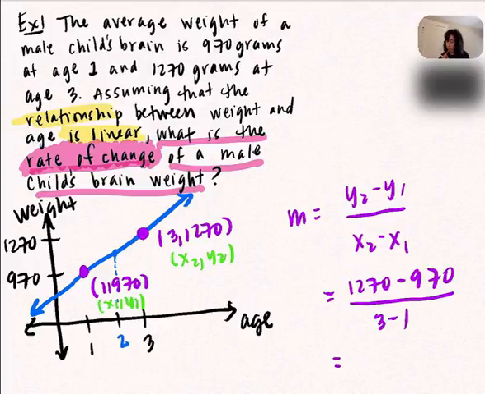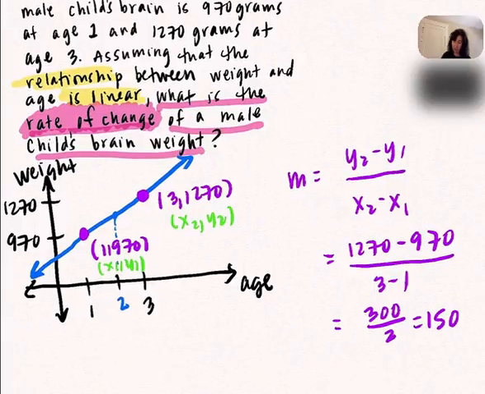In other words, we are going to get 300 over 2, or 150. So what is this number 150? It is the average rate of change of a male child's brain weight over time.